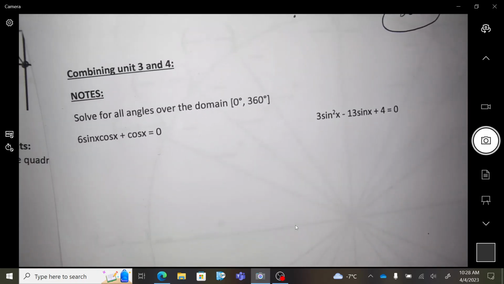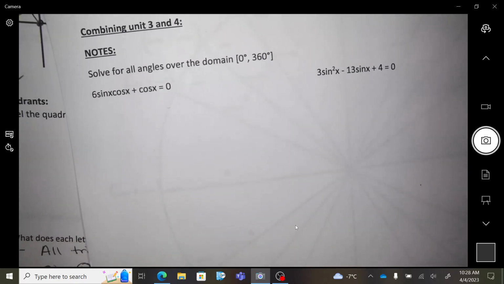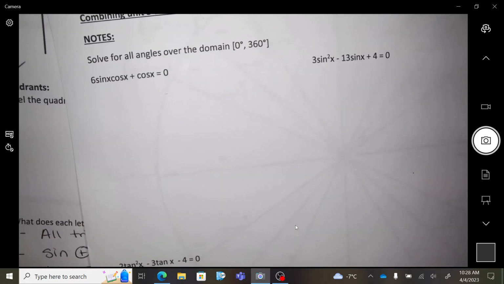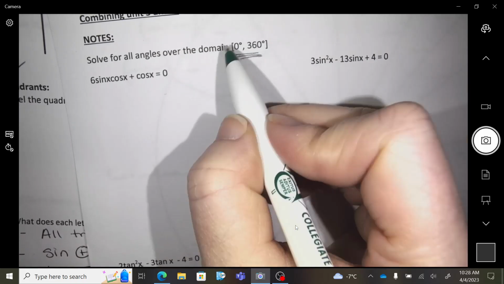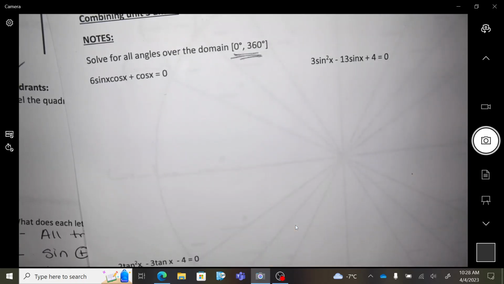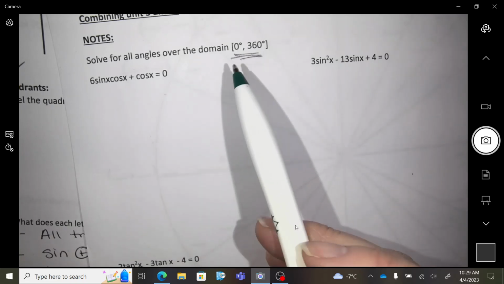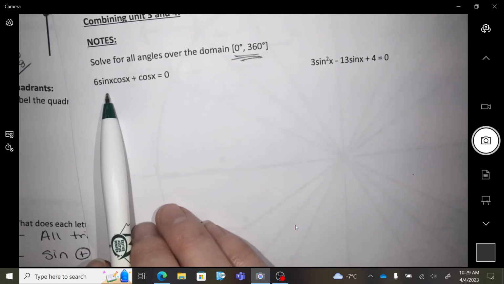Okay, we're going to amp it up another notch. More algebra. I hope this doesn't confuse you, but this just means from 0 to 360, because in grade 12 we're going to start to do more than the 360. Okay, algebra.